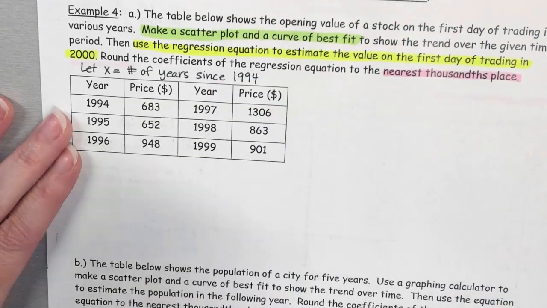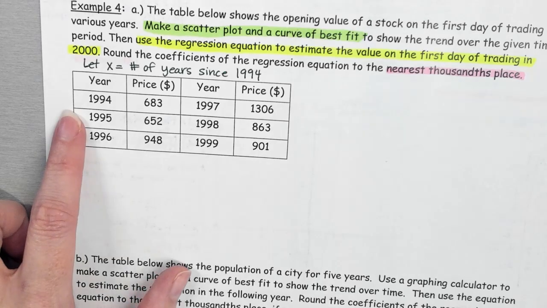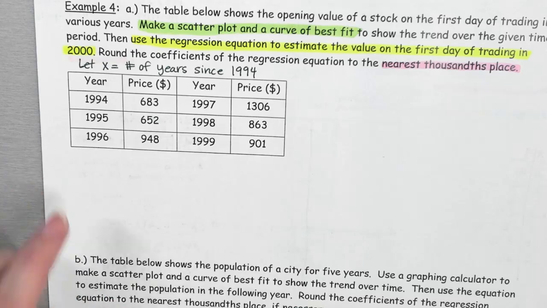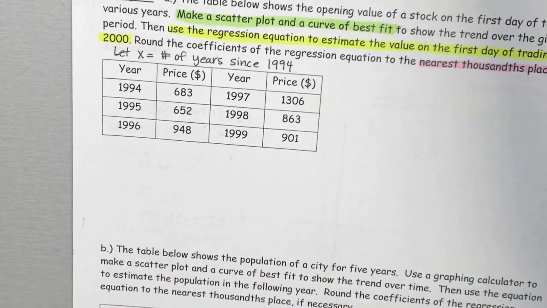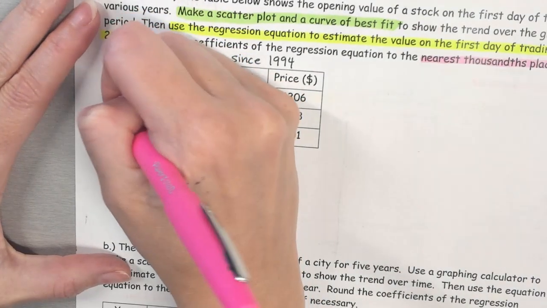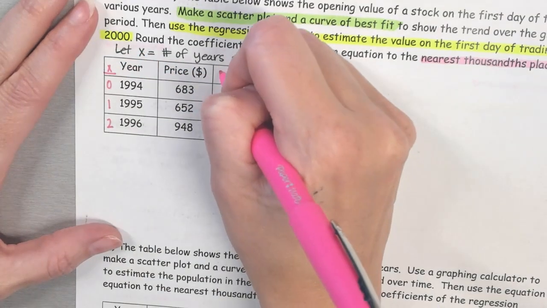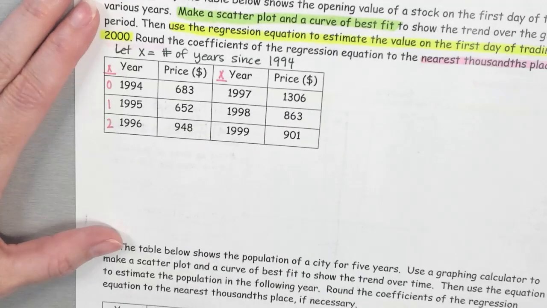Okay, if not, you're going to get some very, very high values because 1994 is really like 1,994. So if you let x equal the number of years since 94, then your x value is going to be 0, then 1, then 2, and in this column, do you guys see how this is the year column and this is the year column?